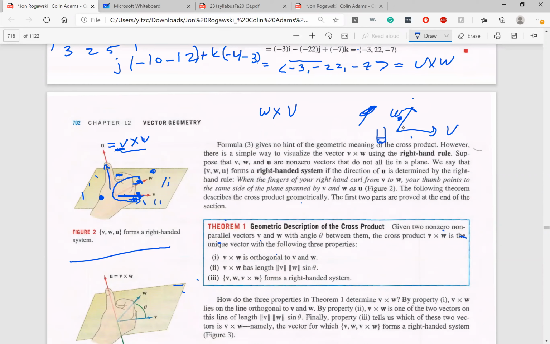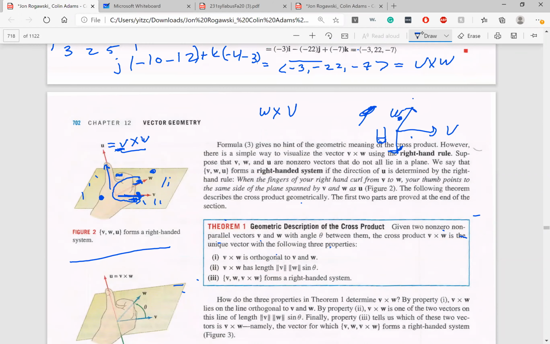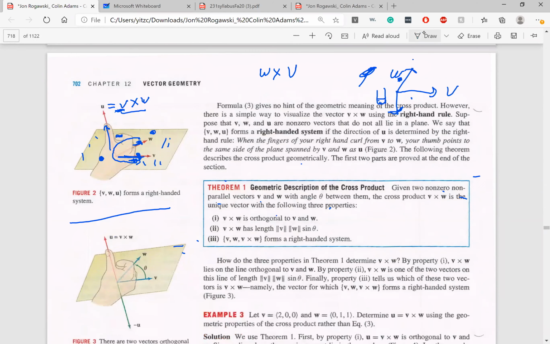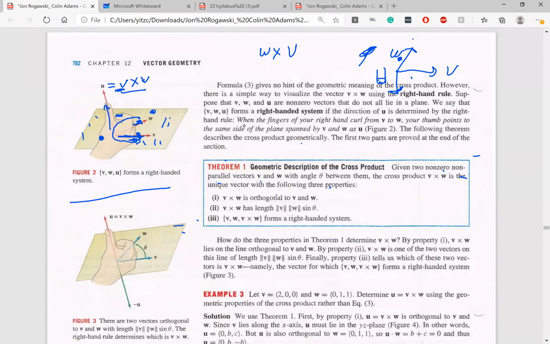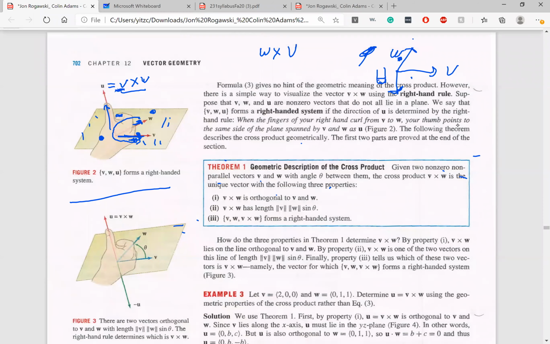And so we know that W cross V is pointing in the downwards direction. Any questions about this? Okay. So the fingers of your hand should be curled from V to W, and then you look at your thumb to see what direction you're in.